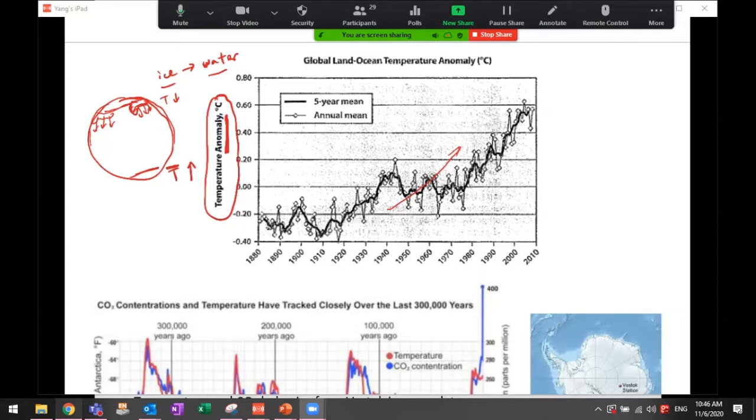You can see that from around 1880 to 2010, the temperature anomaly increased by around 0.8 Celsius, right? So global warming is indeed happening. It's not showing this warming effect at all places, but if you plot the average temperature, you still see this warming effect.